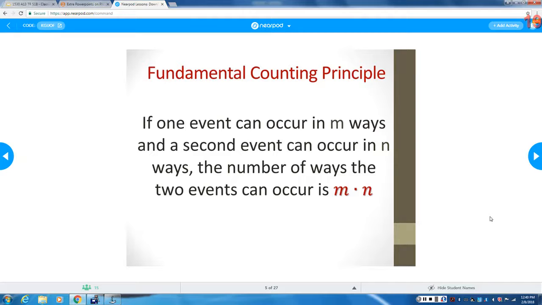Now our book calls it the multiplication counting principle, to tell you that you're going to multiply. So that's why your notes say multiplication counting principle, but the slide shows the old name. If I fix something, don't delete the old one.